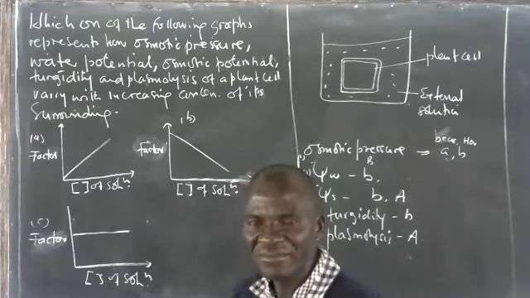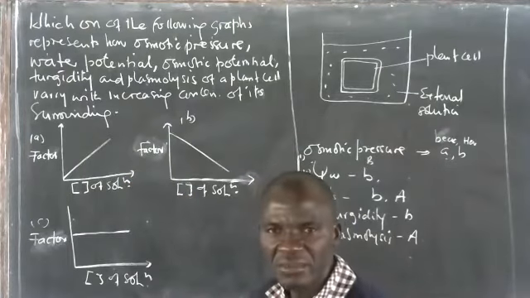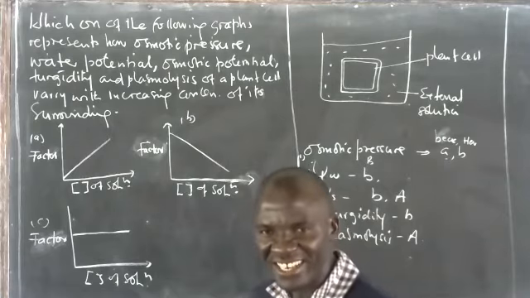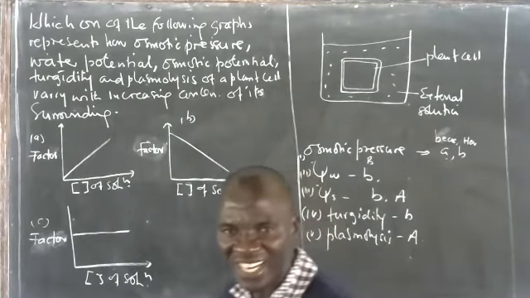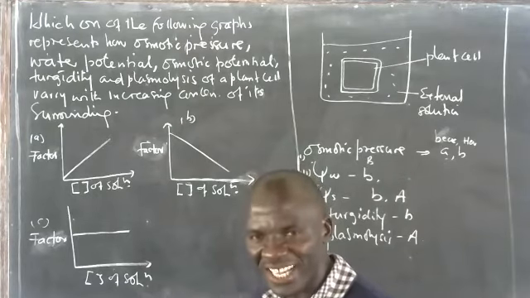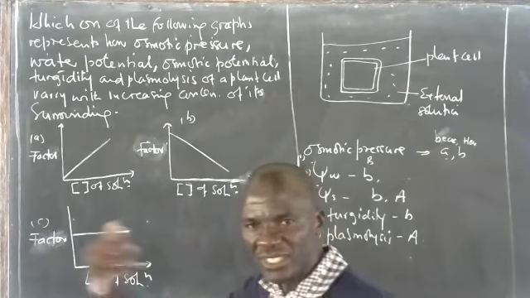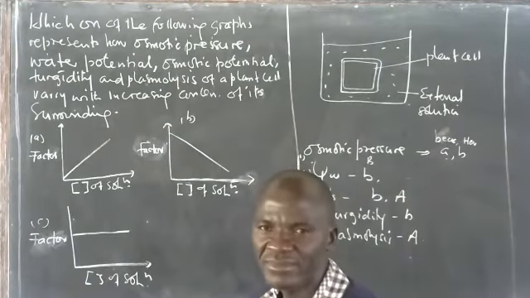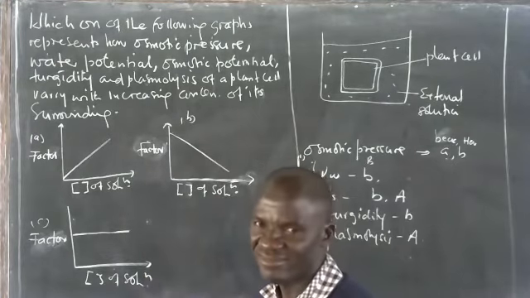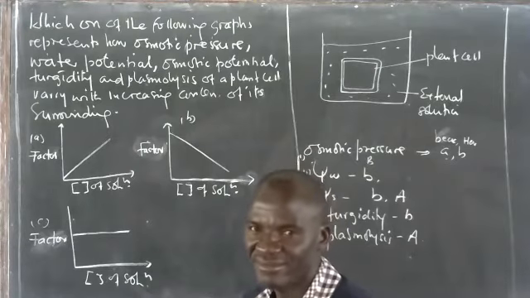So what I'm saying, as the surrounding solution is becoming more concentrated than the cell, automatically osmosis will occur. The cell will be losing water to the surrounding. And as the cell loses water, the concentration of the cell will be increasing, and so does its osmotic pressure.